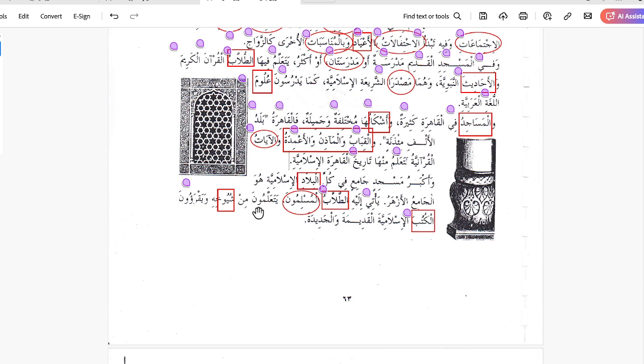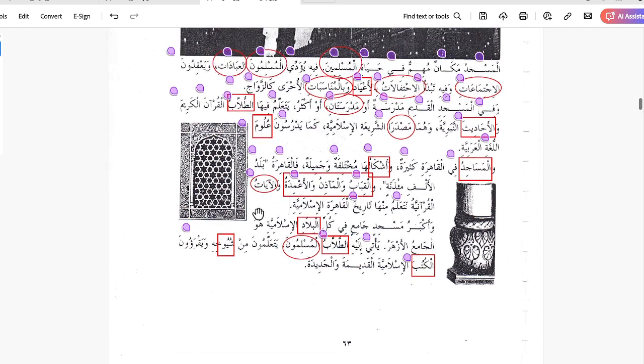So we can define this: fi'l mudari', marfu', and the sign of rafa' is the presence of noon. The waw of the group is the fa'il. They learn. It came before as yata'allamu. You see here yata'allamu is for huwa yata'allamu, and yata'allamuna is for hum yata'allamuna.